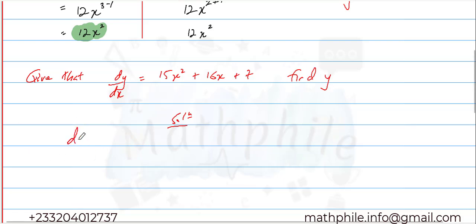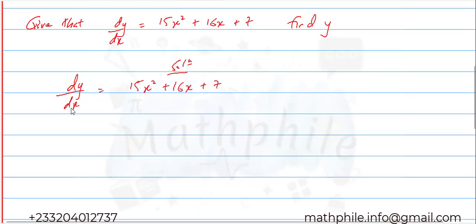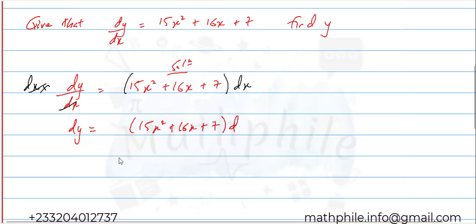We say that dy/dx is equal to 15x squared plus 16x plus 7. We can now get rid of the denominator by multiplying both sides by dx. This cancels out, leaving you with dy is equal to 15x squared plus 16x plus 7 dx.